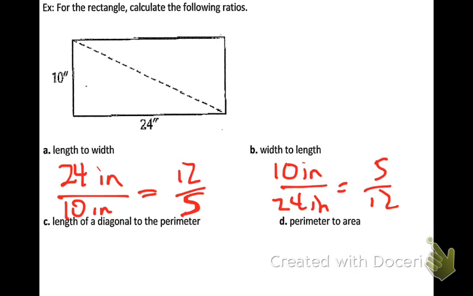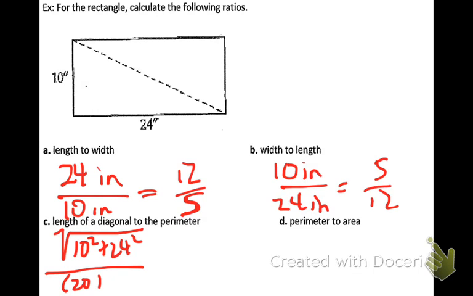So we would have the square root of 10 squared plus 24 squared divided by the perimeter, which would be 10 times 2 plus 24 times 2, or 20 plus 48.